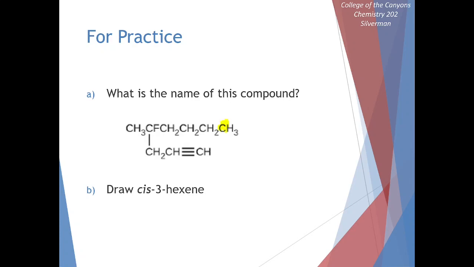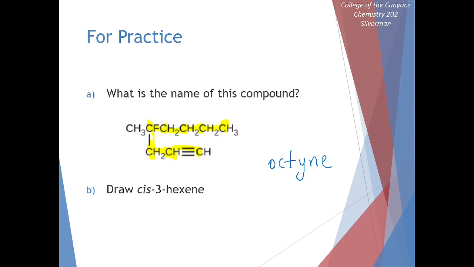have it right. 1, 2, 3, 4, 5, 6, 7, 8 carbons in the longest chain. So we have some kind of oct, right? Oct is going to be the root name for our molecule. We have a triple bond, which means our ending should be octyne. We want to tell people where that triple bond is.